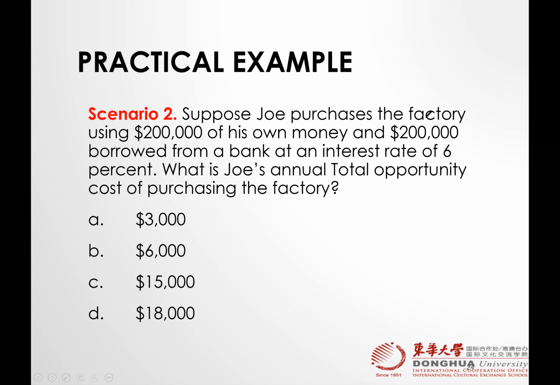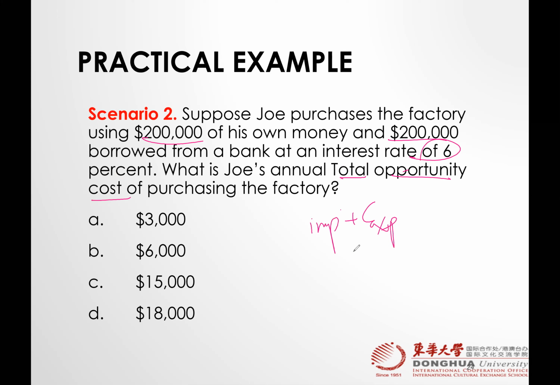Suppose Joe purchases the factory using $200,000 from his own money and $200,000 borrowed from the bank, paying 6%. What is Joe's annual total opportunity cost of purchasing the factory? So remember, what is the formula for total opportunity cost? Implicit cost plus explicit cost.